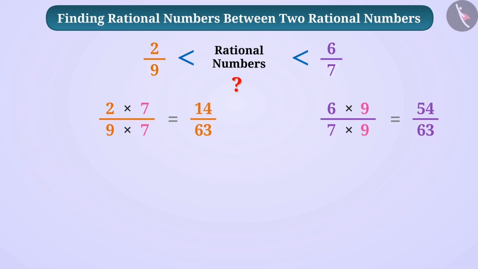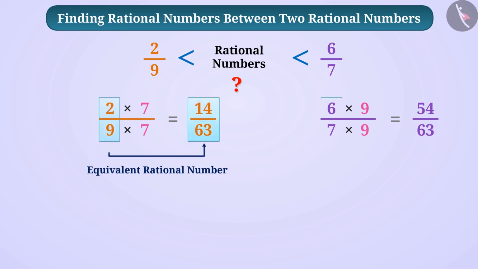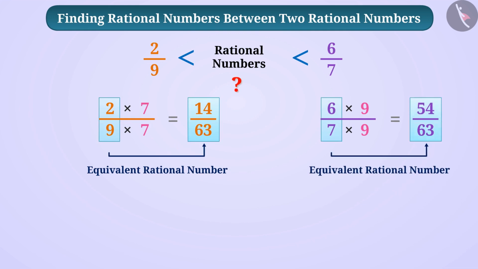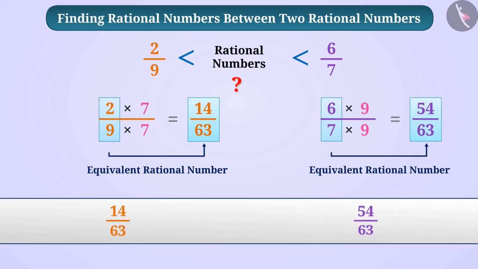With this, we get an equivalent rational number of 2 by 9 as 14 by 63 and 6 by 7 as 54 by 63. Now the rational numbers written between are like this.